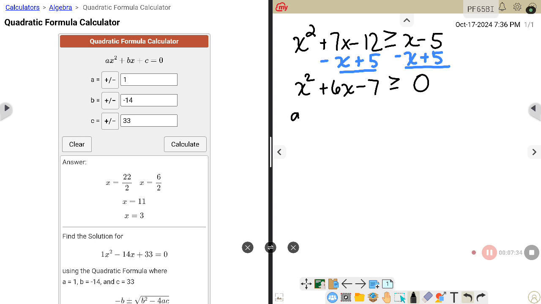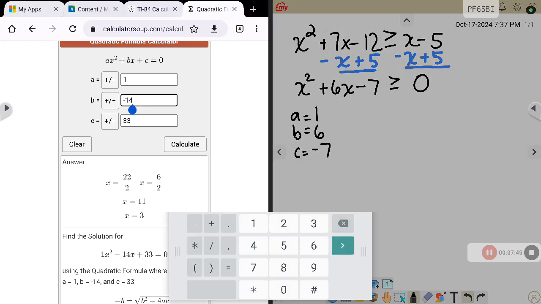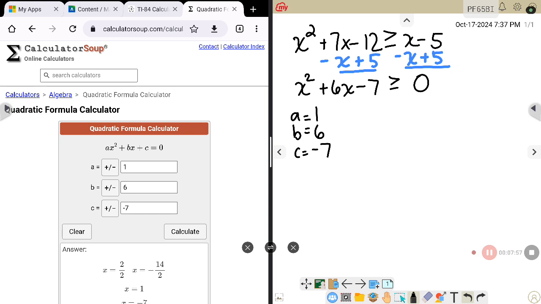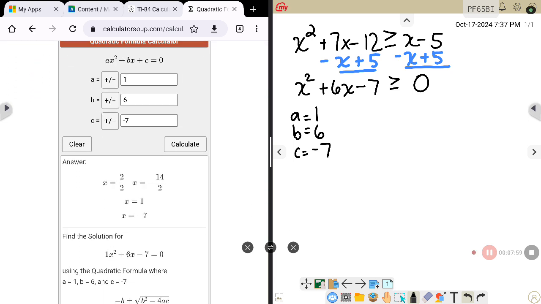So now I can go to my quad calculator and put in my a is 1, my b is 6, and my c is negative 7. And then calculate to see what my zeros are. So you'll notice it gave me positive 1 and negative 7 as my zeros.